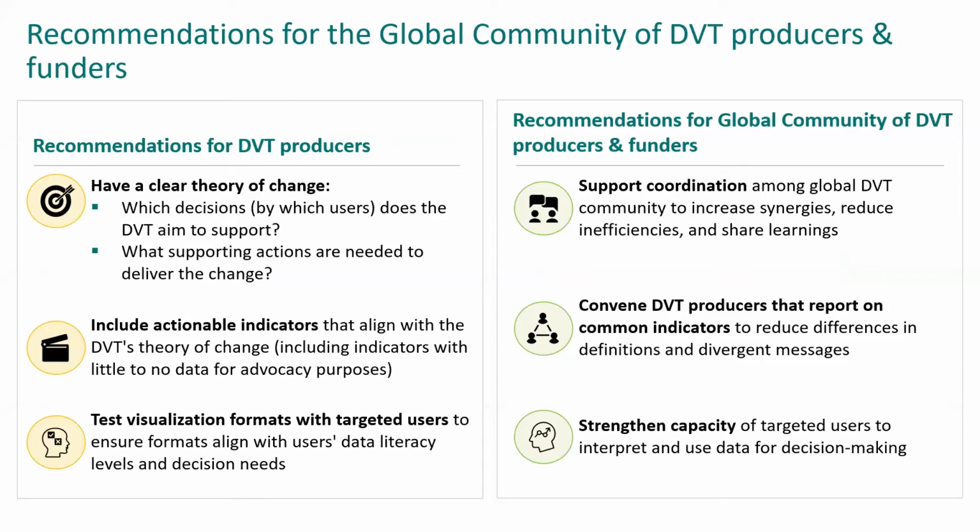Second, to include actionable indicators that align with the DVT's theory of change, in addition to actually including indicators with little to no data, to draw more attention to the importance of collecting data for these indicators. And then third, to ensure visualization formats align with user needs and data literacy. So can users actually interpret and understand the data you're visualizing?